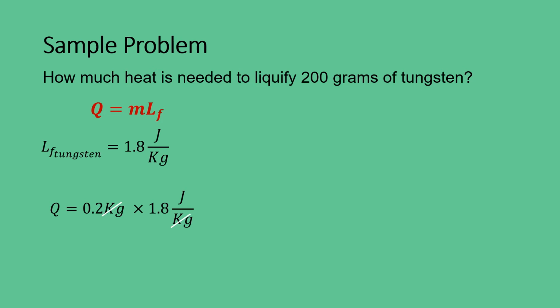And then we will now have the answer 0.36 joules, meaning once the tungsten reaches the temperature of 3410 degrees Celsius, its melting point, we now have to add an amount of heat equal to 0.36 joules to liquefy the tungsten.